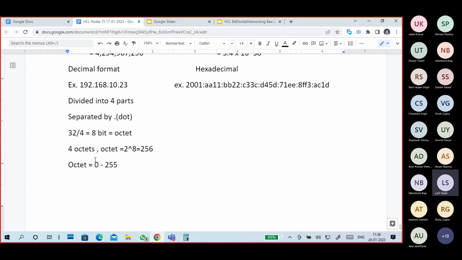In the numbering system, we have to count from 0: 0, 1, 2, 3, 4, 5 up to 255. Total it is 256, so the last number is not 256, the last number is 255. Each octet's size is up to 255 only, not more than 255.